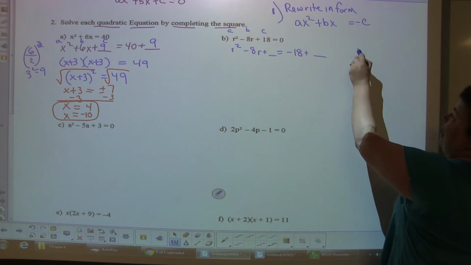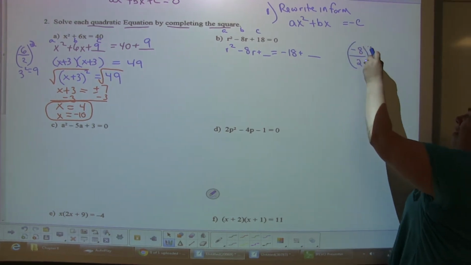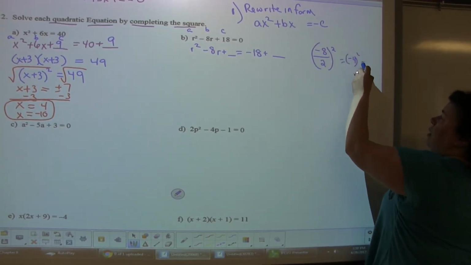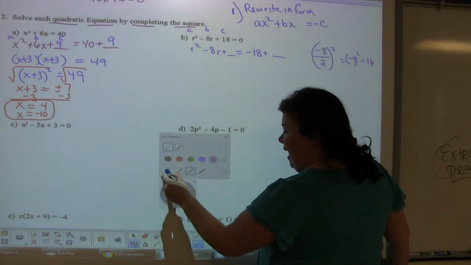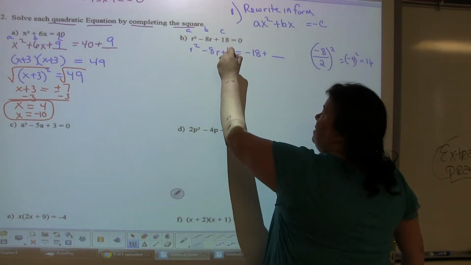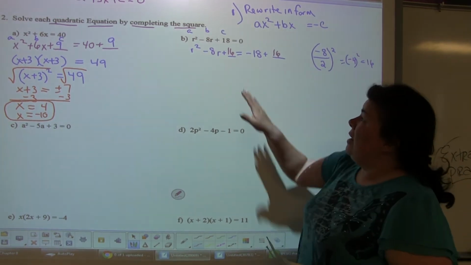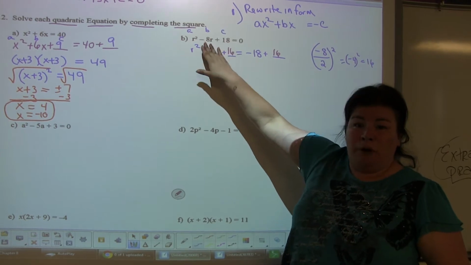So we're going to take our b term, which is -8, divided by 2, and square it. So we have -4 squared, which is +16. So we're going to add 16 to both sides.